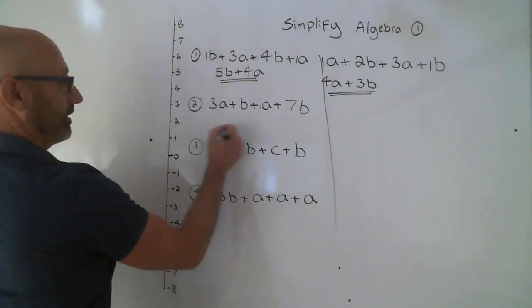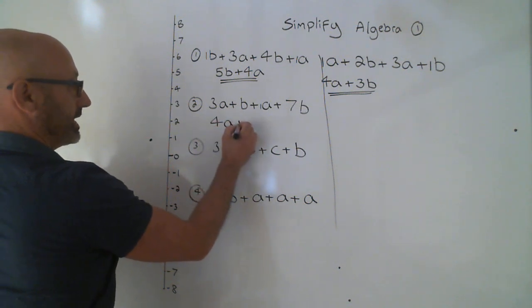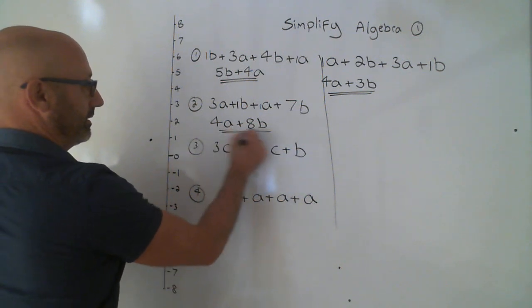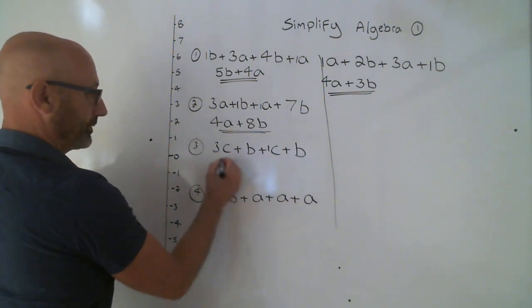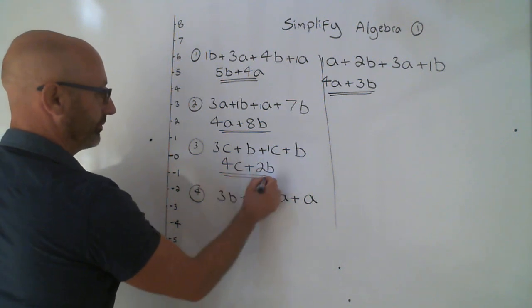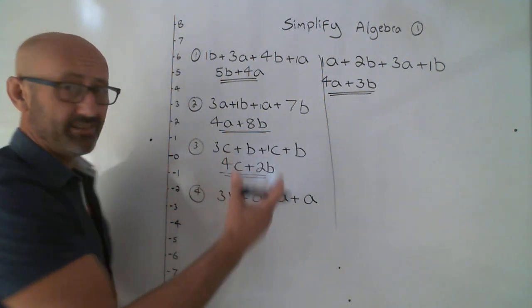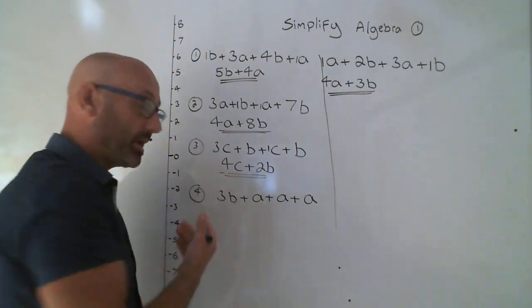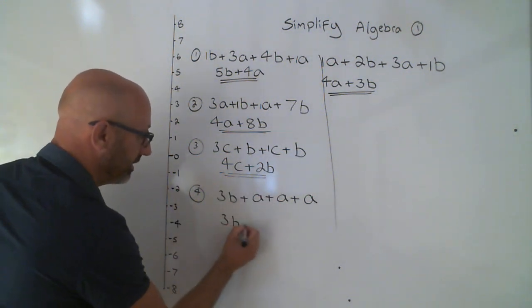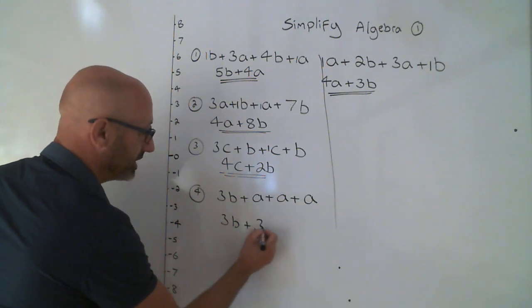Here, 4a add 8b. Here, we've got 4c add 2b. So, c, cherries, I don't know, take your pick really, cherries and bananas.